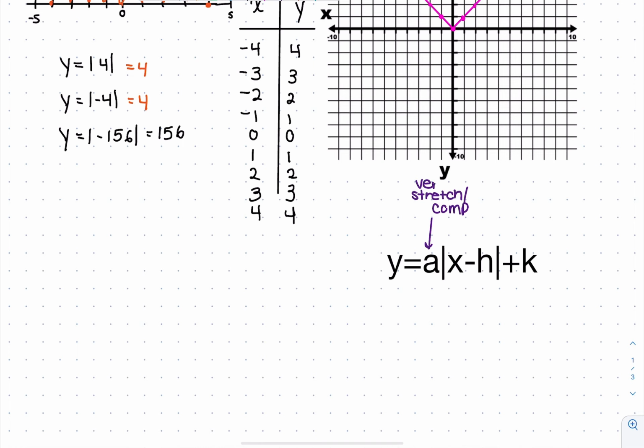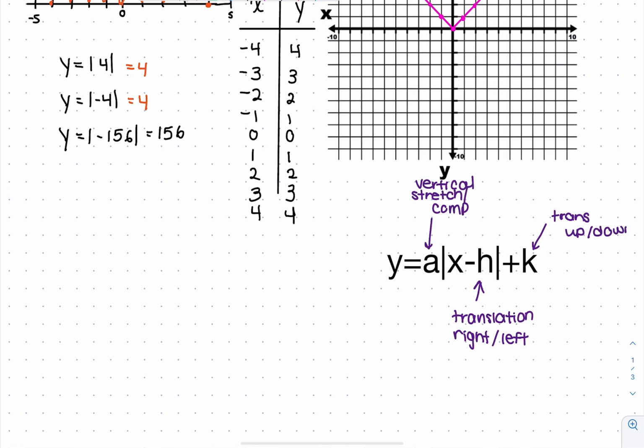We have this H, and that's the translation right or left, and this is the one that's opposite to what you think, because it's tucked in with that X there. So if it's positive, it's actually going left, and if it's negative, it's actually right. And then finally K. K is our translation up or down.